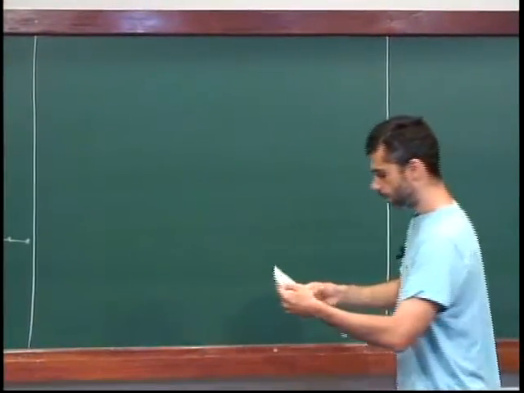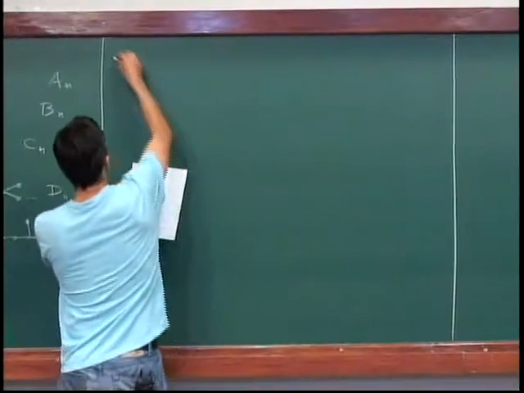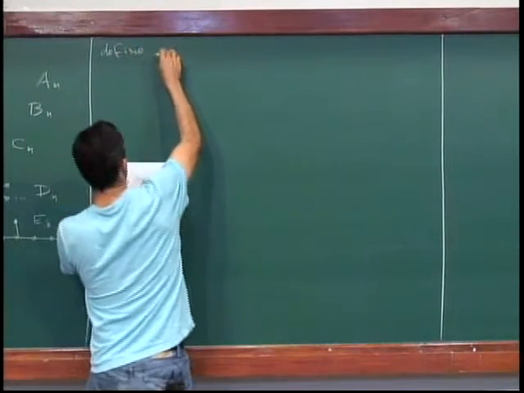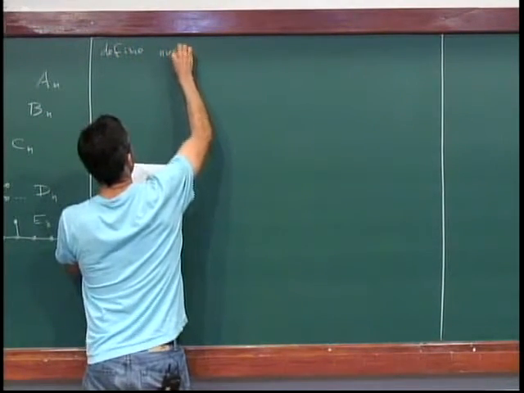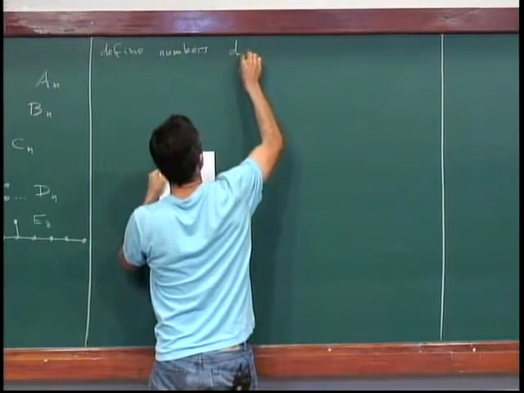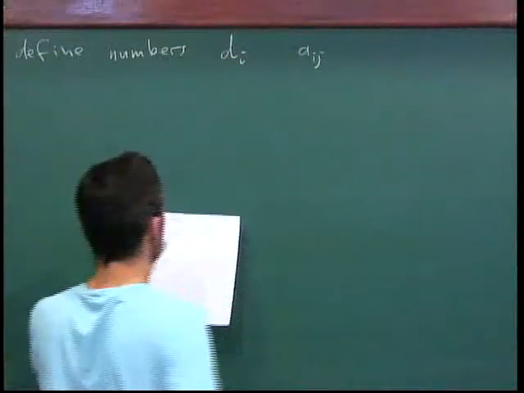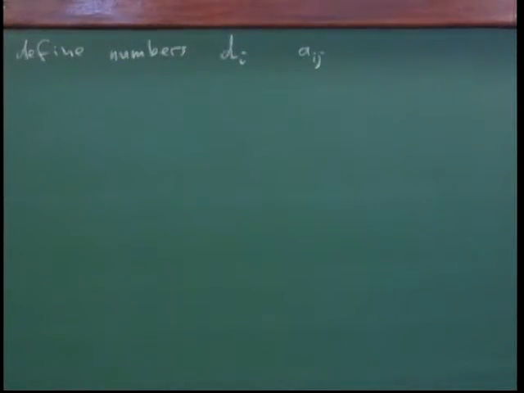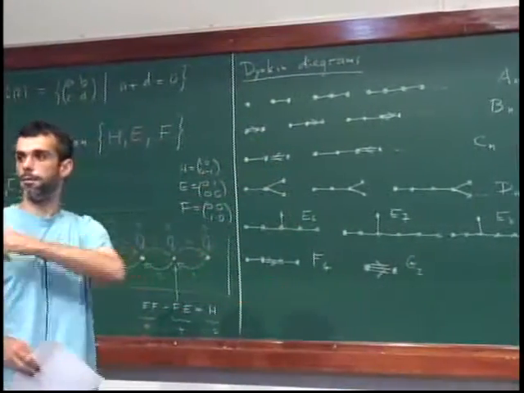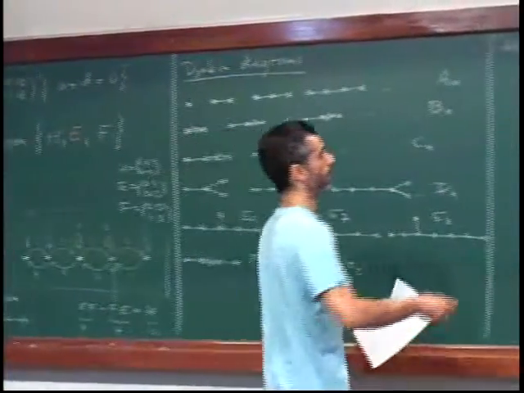Then we're going to define numbers called di and aij. I and j label vertices of the Dynkin diagram. So you pick a Dynkin diagram, and now you're going to build a simple Lie algebra starting from this Dynkin diagram.